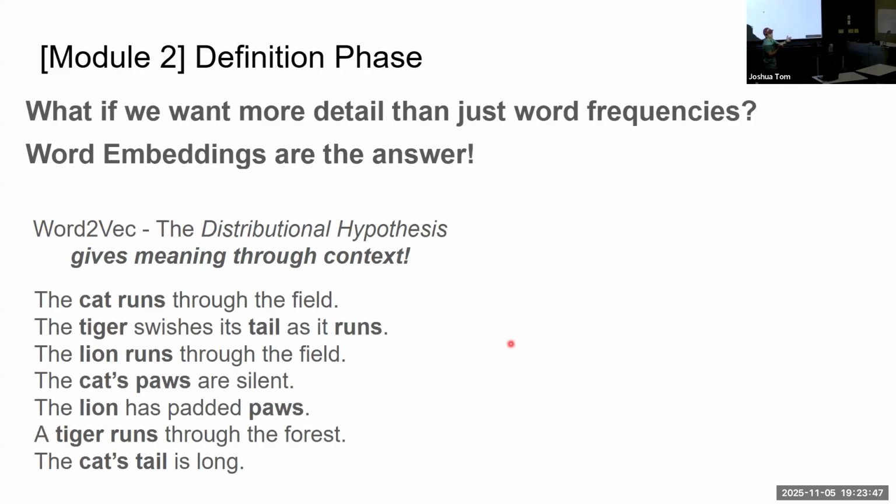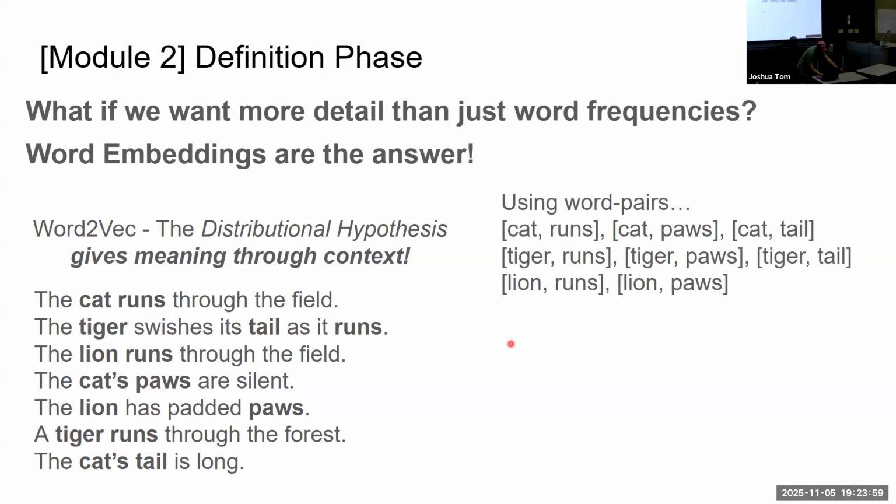In this case, we have a bunch of different sentences. The cat runs through the field, the tiger swishes its tail as it runs, lion runs, and so on. You can see that cat and runs appear together, tiger runs appear together, lion runs. All of these are shared.